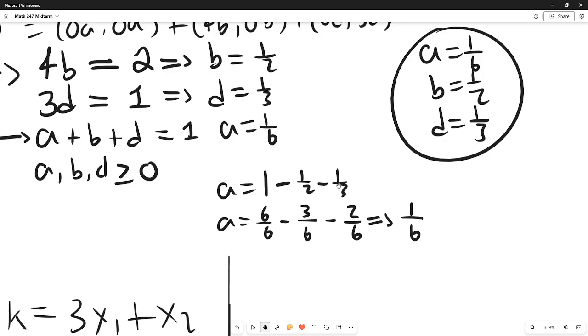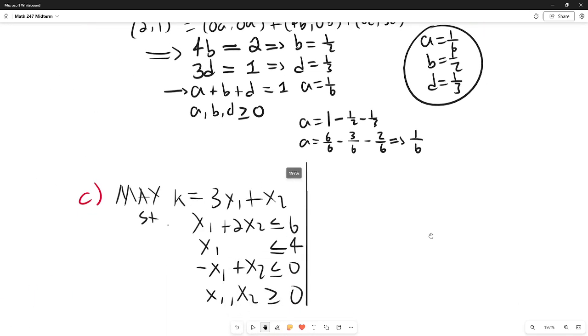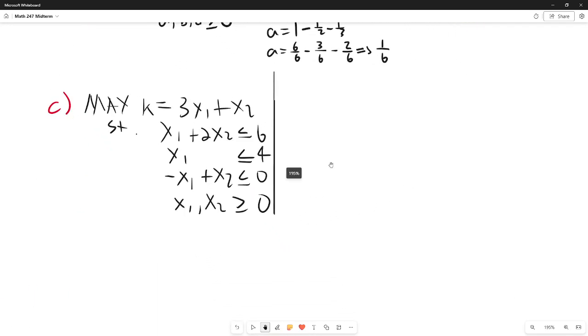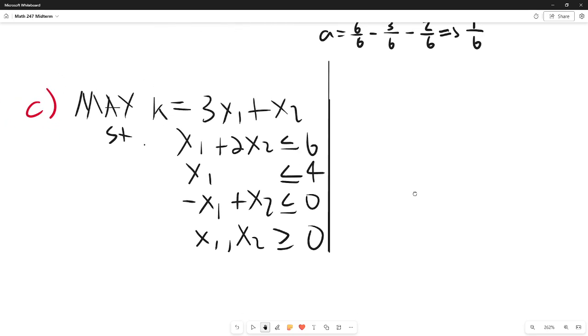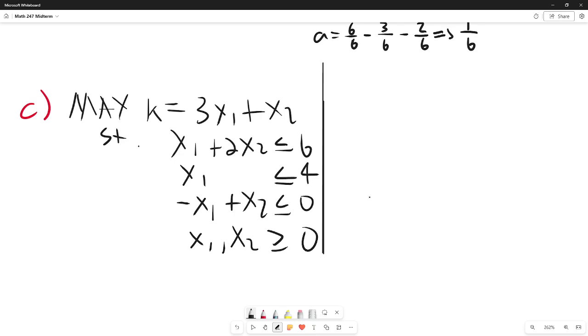So when you're doing fraction arithmetic, the denominators must be the same in order to work with the values at the top, the numerators. So basically we made them the same, and at that point we were able to just keep the denominator the same, and at the top just say 6 minus 3 minus 2, that was 1, and we just got 1 over 6. But if you don't know how to do that, you'll have your calculator on you, so you'll be fine.